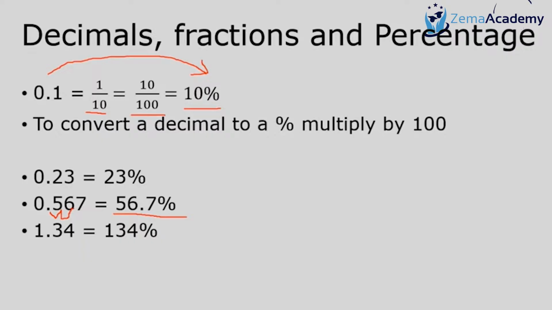If I multiply that by 100, I get 134%, and equally, that is possible. In engineering, when you're doing comparative things, or science, when you're trying to work out percentage increases or decreases, you might well end up with a percentage greater than 100. That just means it's 134 out of 100, so it would be a top-heavy fraction.